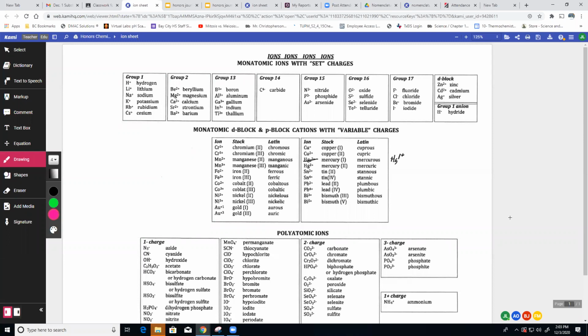Okay, on the back of your pink sheet are all of the ions. And Eddie and Alejandro, that is under references for y'all until you get back into school. So these are all the different ions that the different elements can form. A lot of them you already know because they come from the representative groups, but not so much from the other ones.